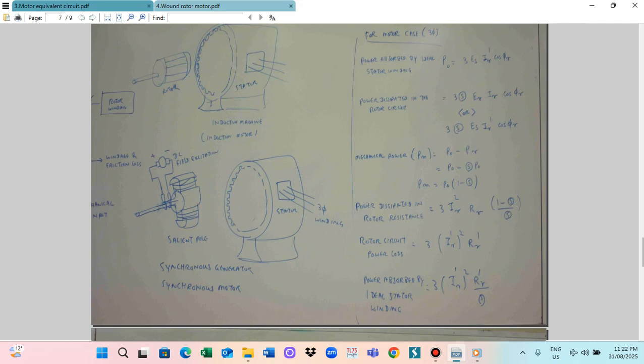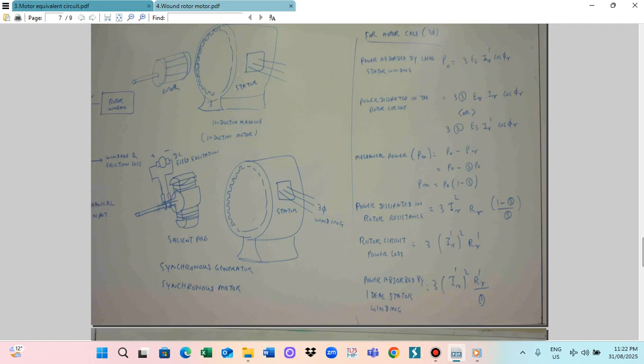The mechanical power Pm is equal to P0 minus Pr, so Pm = P0 minus sP0, which gives Pm = P0 (1 - s). This is the mechanical power output. We also calculate the power dissipated in the rotor resistance: 3 Ir² Rr (1 - s)/s.